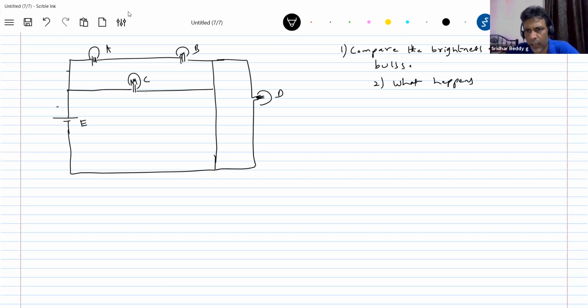what happens if bulb A fails, so that it cannot conduct? What if C fails?